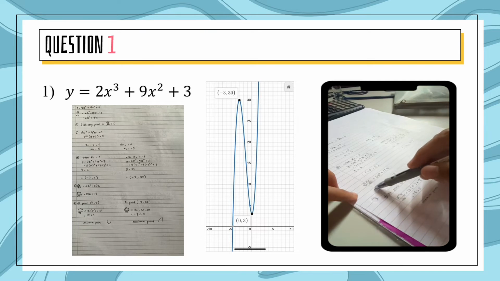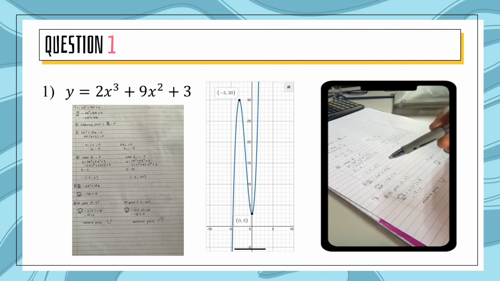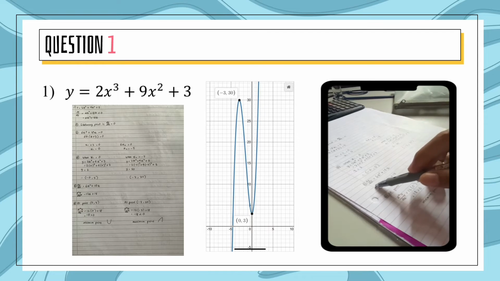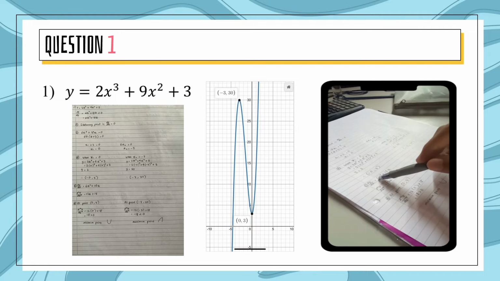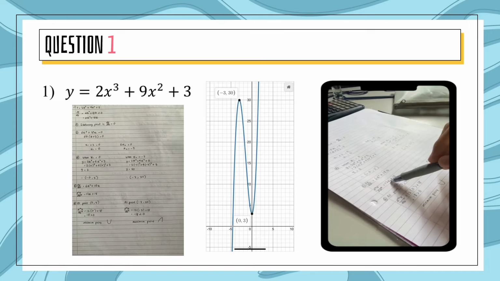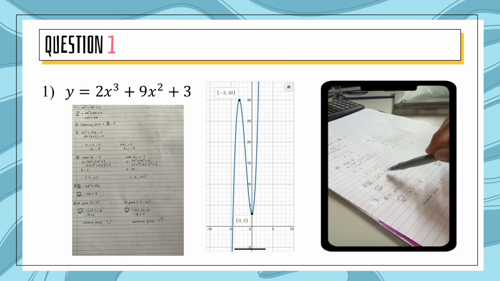If we want to do the second order differentiation, we write d power of 2 y over dx power of 2 equals 12x plus 18, because 6 times 2 we get 12, and this x we minus 1, and then for the 18x we put 18 because the x has no value now.